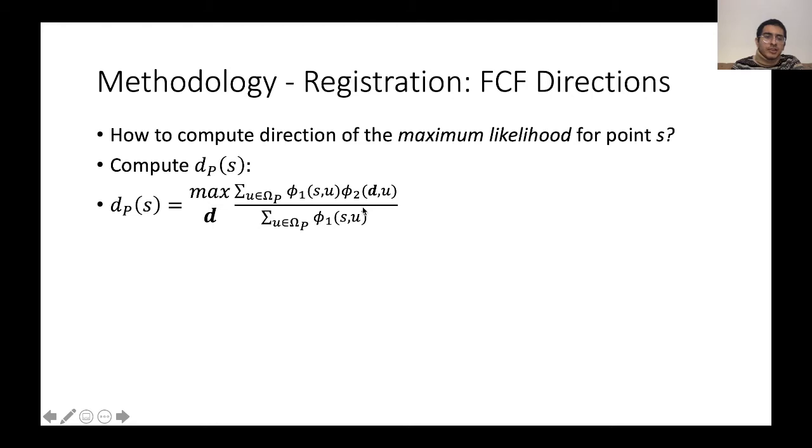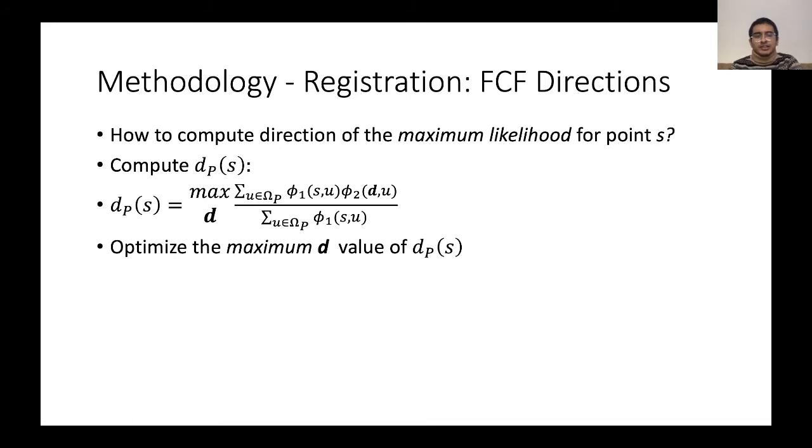It's essentially a summation where, for each point in the selected vertices omega of p, you would compute a phi1 and a phi2 function, and then from here you would optimize for the maximum value of d_p(s). Essentially, given a point s and a list of vertices omega of p, you would find whichever direction returns the maximum value from this function.